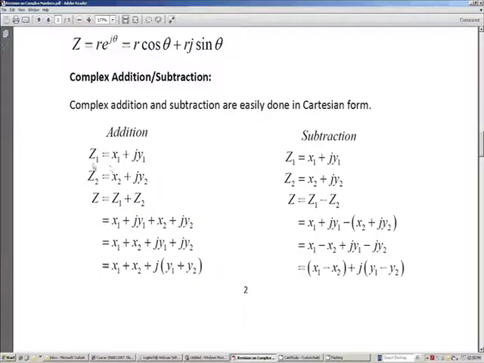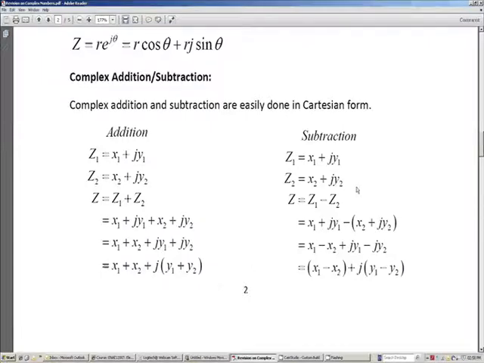So z1 is equal to x1 plus jy1, z2 is equal to x2 plus jy2. So z is equal to z1 plus z2, and z1 is x1 plus jy1 plus x2 plus jy2. So x1 plus x2 are the two real parts, jy1 plus jy2 are the two imaginary parts, and then taking the j out, I can write (x1 plus x2) plus j(y1 plus y2).